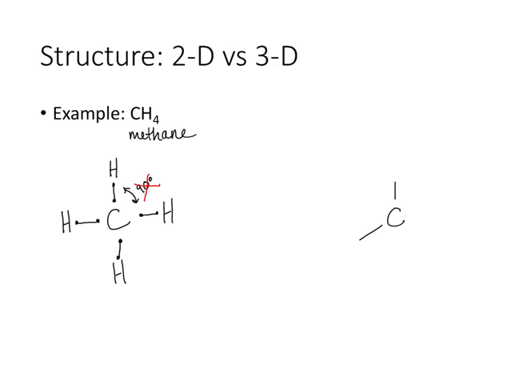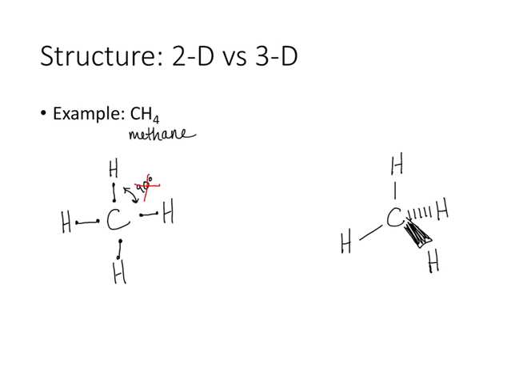2 of the hydrogens are in the plane of this paper, and then 1 hydrogen is kind of in the back. We show that with a dashed wedge, and another hydrogen is in the front, kind of coming out towards us, and we show that with a solid wedge, although my wedge looks more like a piece of wood or something.